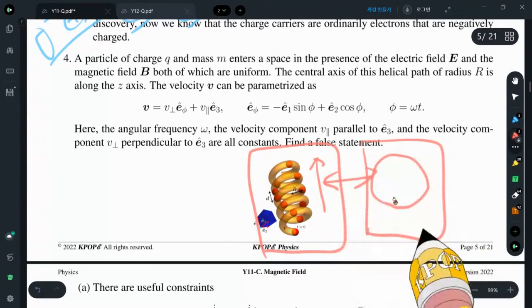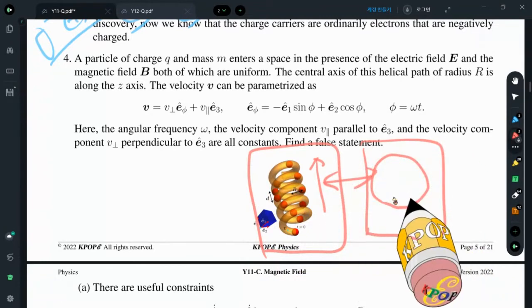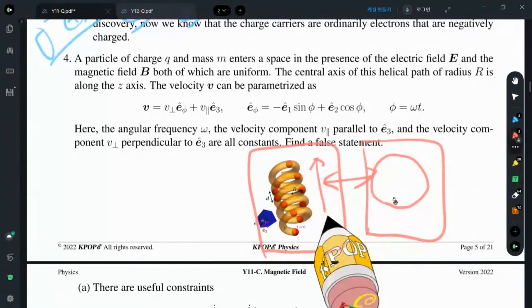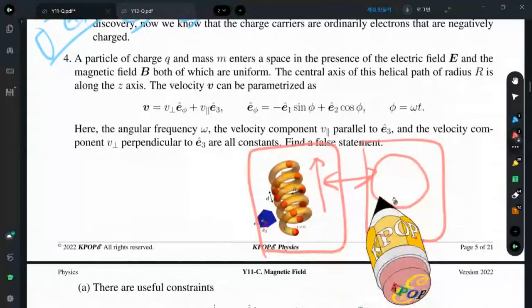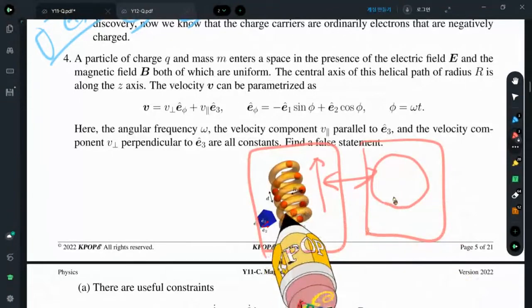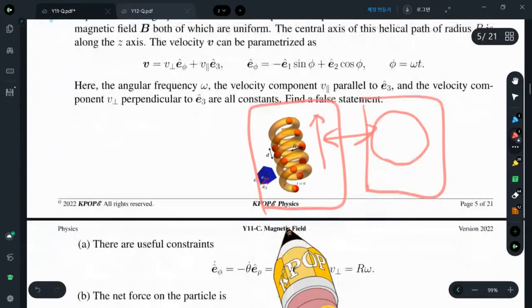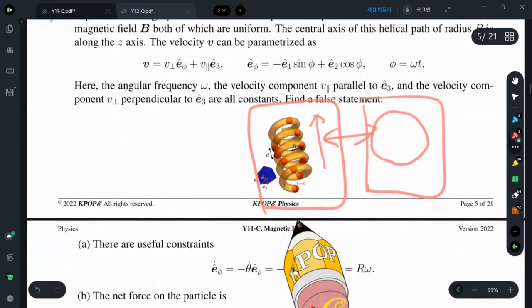In a certain inertial reference frame, it is a circle. However, there is another inertial reference frame in which the circle can be seen as a helix. Let me solve this problem completely.